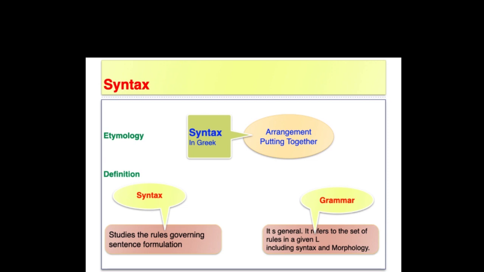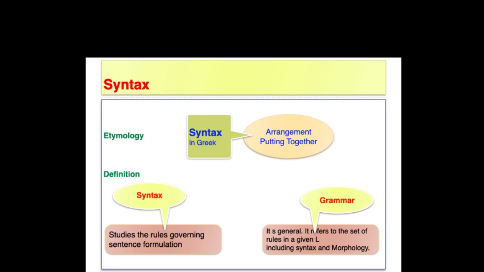Now, this is clear, and it is said that syntax studies the rules governing sentence formulation, which means how sentences are arranged, the specific order they follow.